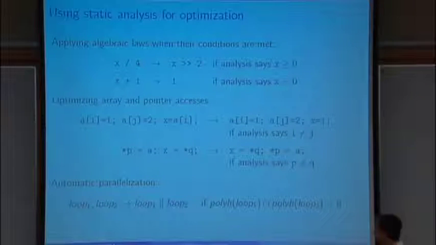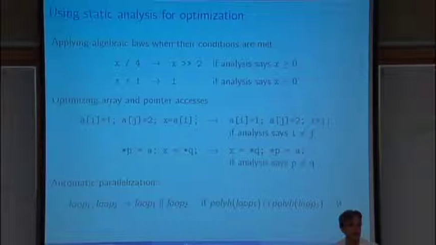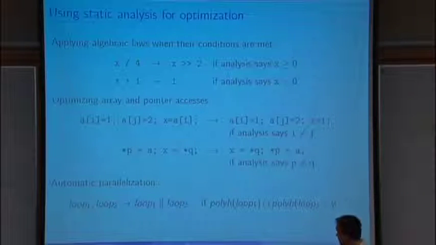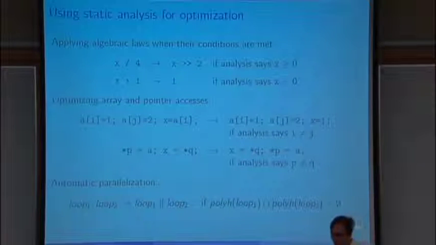And if you can see that those 2 polyhedra are disjoint, then you can run the 2 loops in parallel because they don't access the same memory location, so there's no race condition. And so that's a really important trick in parallelizing compilers.